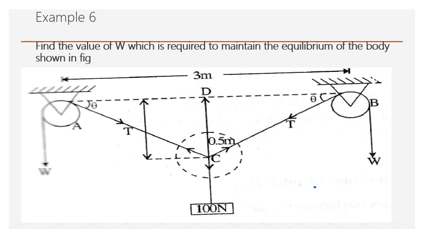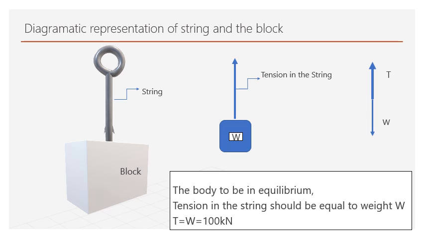Here you are seeing the W is suspended through the cable. If I take this point itself as W, there are two forces now: one is the tension in the cable and the other is the weight. Again, I try to demonstrate it.